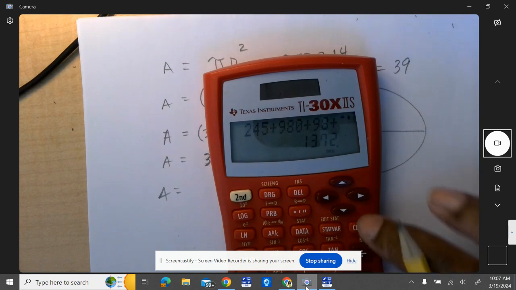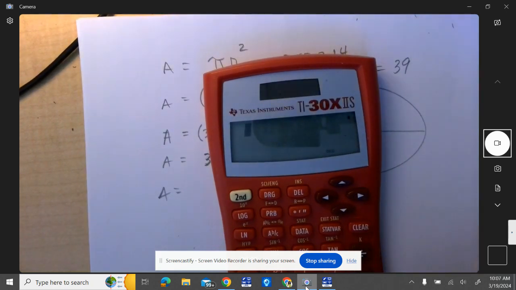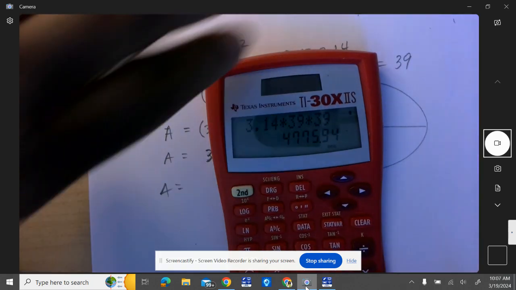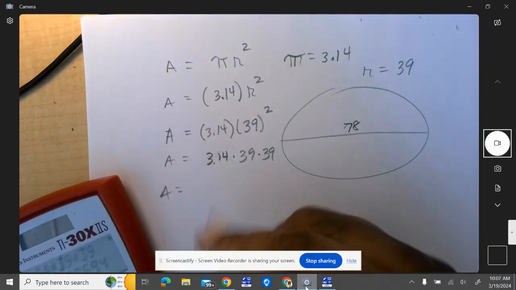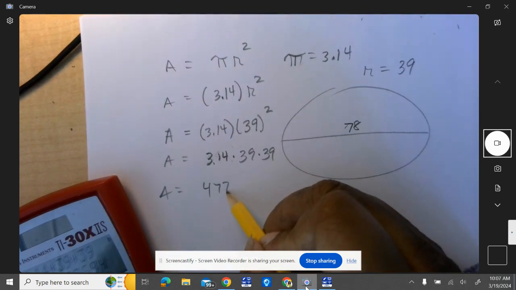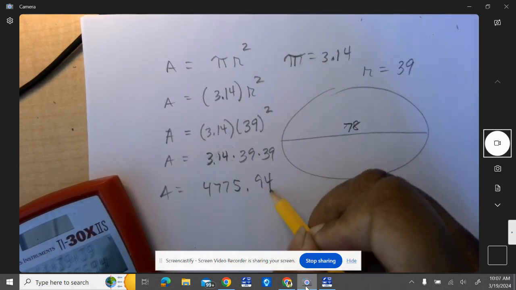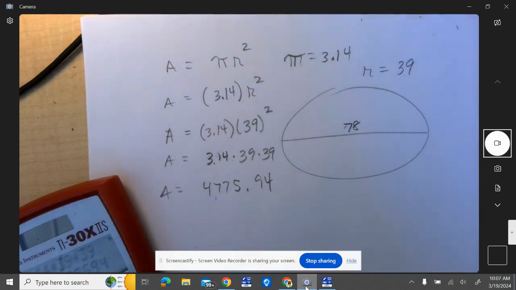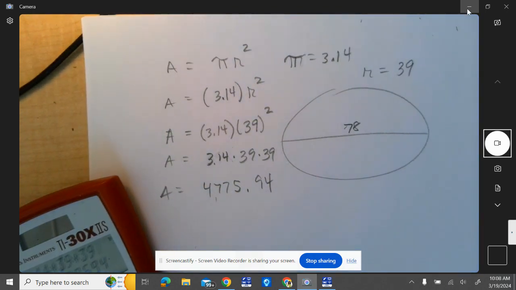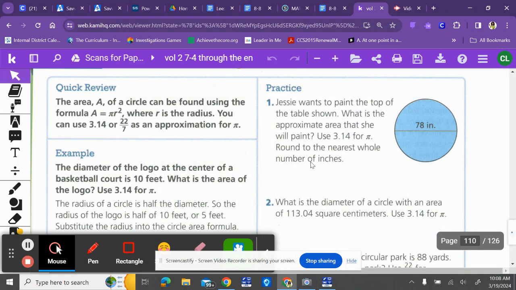So clear. 3.14 times 39 squared equals 4775.94. It tells us to round it to the nearest whole number.